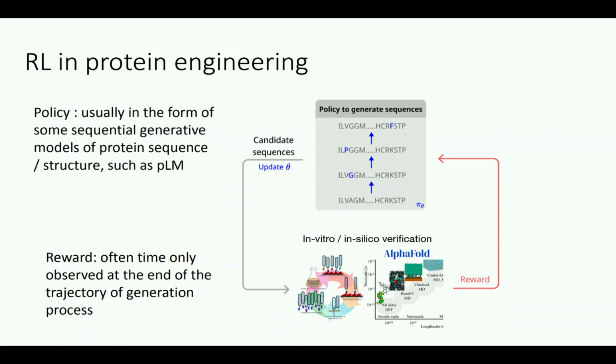The earlier denoising diffusion probabilistic model is basically another Markov chain as well. And that's why we're seeing RL or RLHF being deployed to diffusion a lot in protein design these days as well.